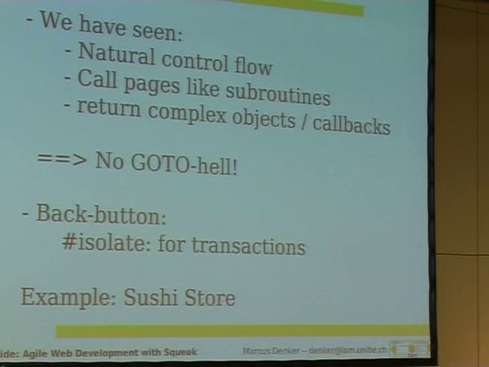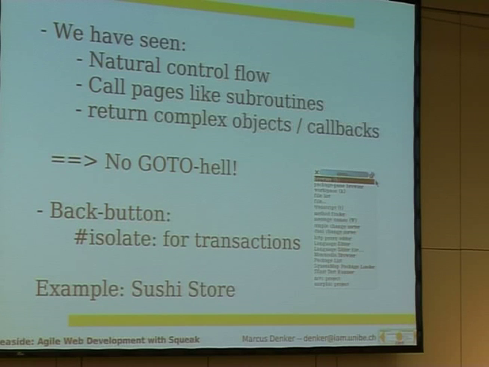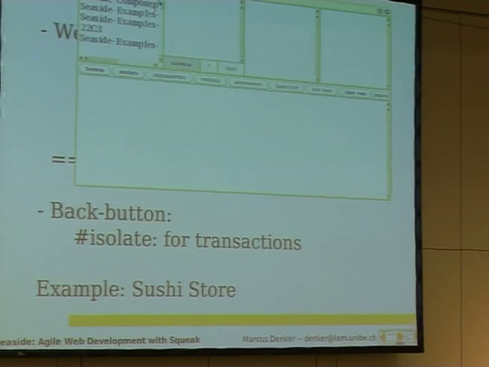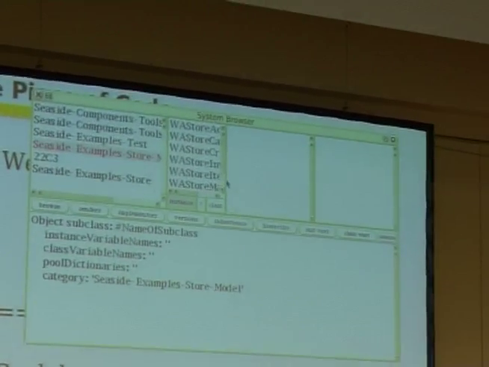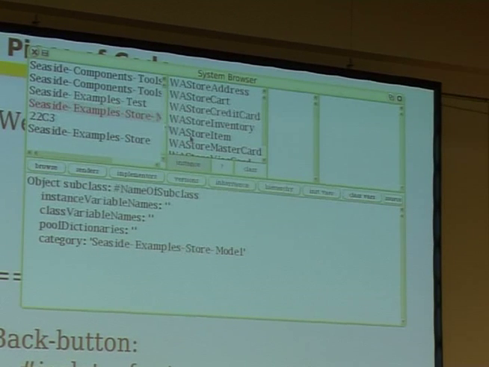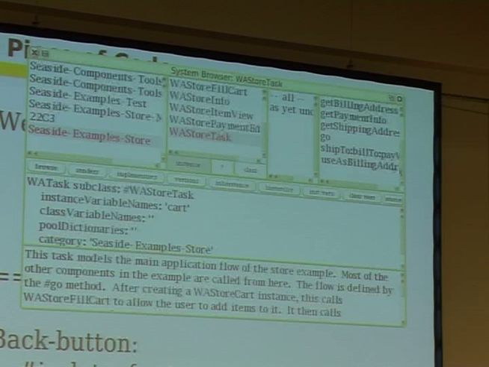For that, I will take a normal system browser, because the control flow uses a task object, which is not rendered directly on the screen. WAStoreTask is the class that is the main class of the store.